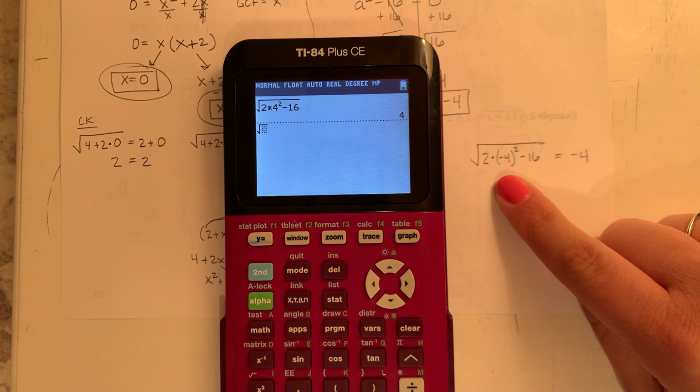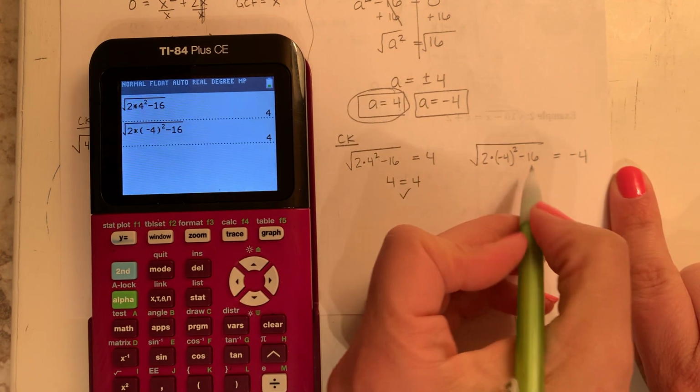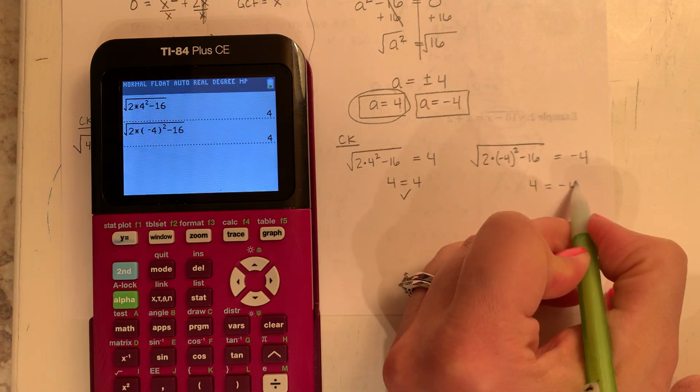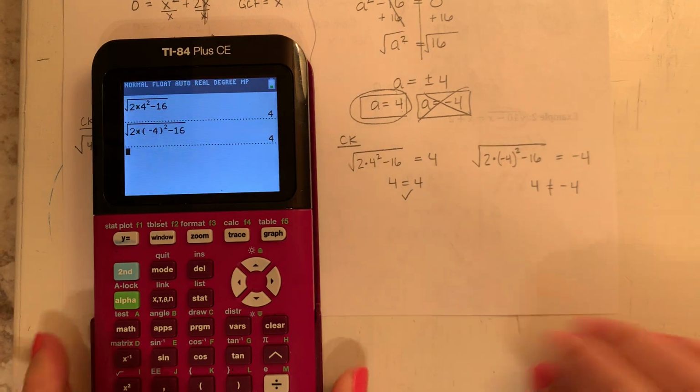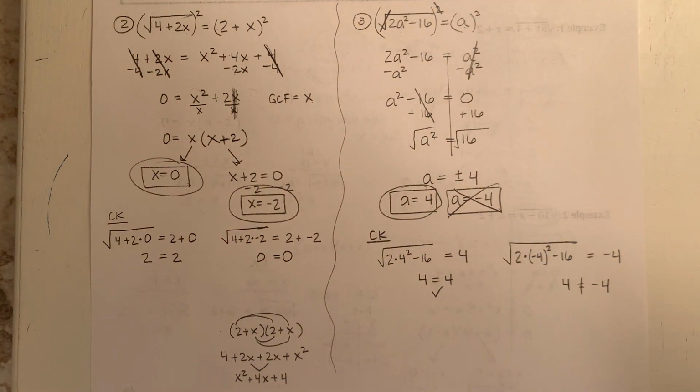So we have the square root, 2 times parentheses, negative 4, close parentheses, squared, minus 16 equals, and I get positive 4. But the right-hand side is negative 4. That's not equal, and so we would cross out that answer, and we just keep a equals 4.